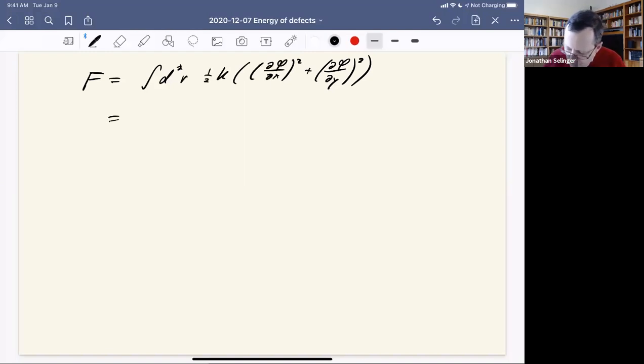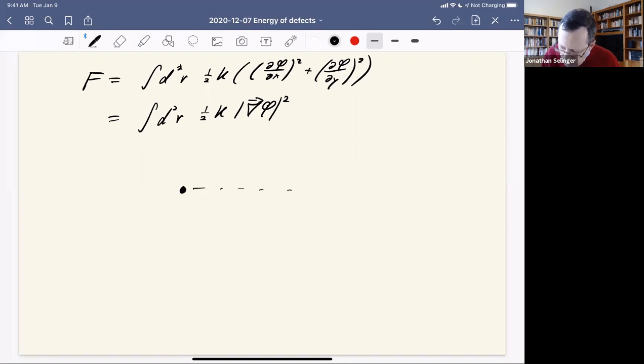Or even more compactly, we could write it as 1/2 K times the gradient of phi, this gradient vector squared. So this is the Frank free energy. We want to know what is the Frank free energy associated with a defect, for example, a defect of topological charge plus half, which we know looks like this.